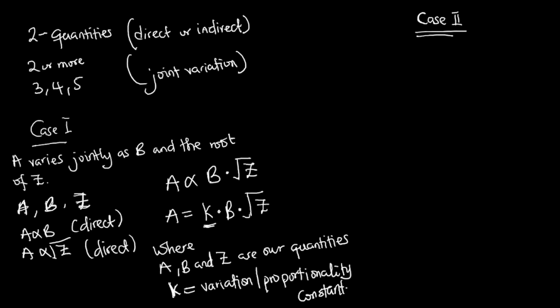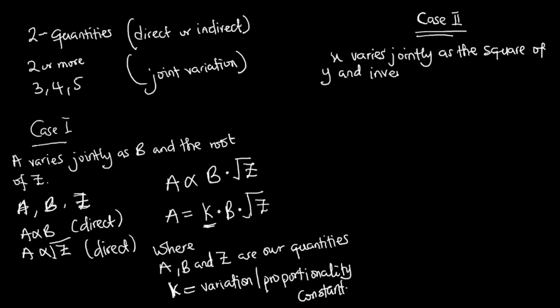I'm going to use the statement s varies jointly as the square of y and inversely as the cubic root of z.